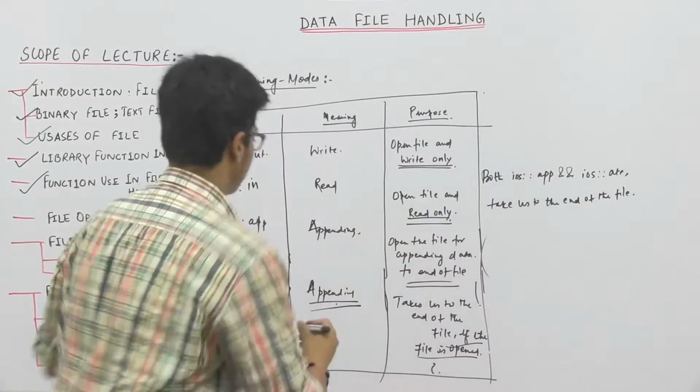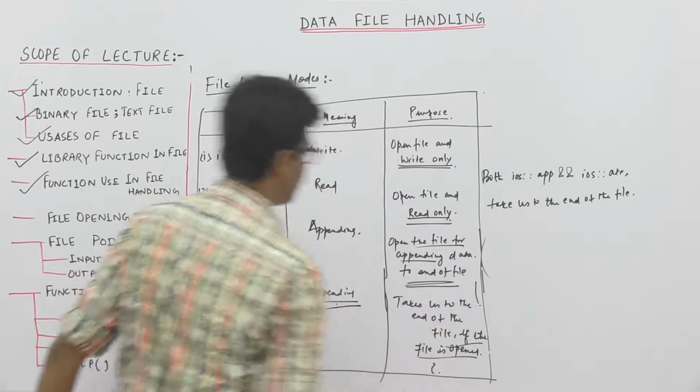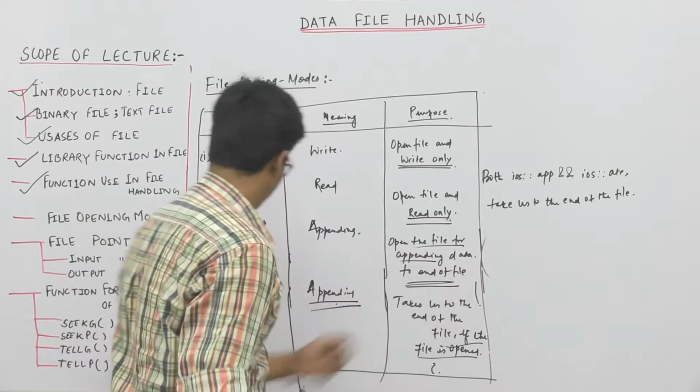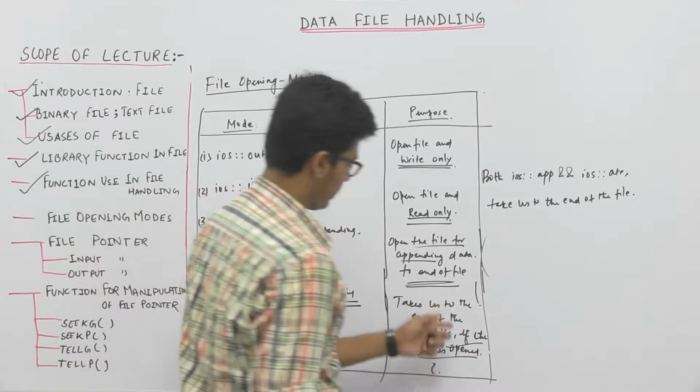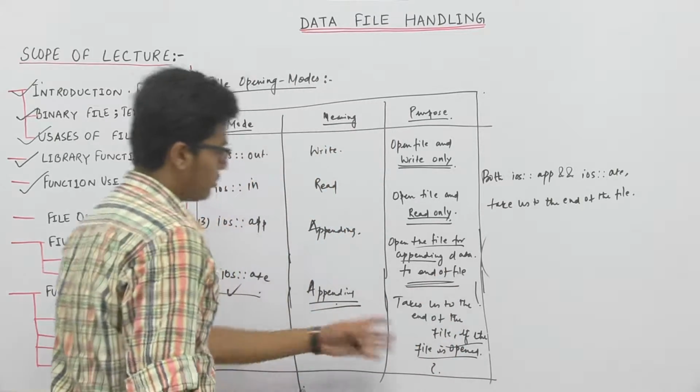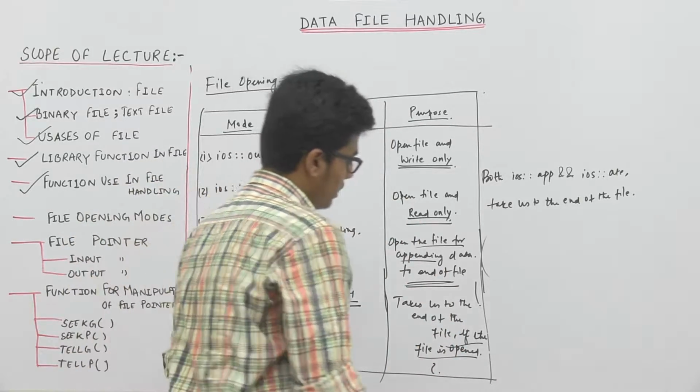In both the modes, we open the file and append data to the end of the file. In appending, it takes us to the end of the file if the file is opened. If the file is opened, then take us to the end position.